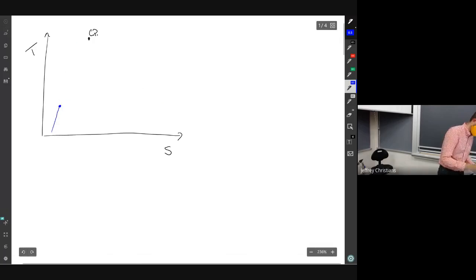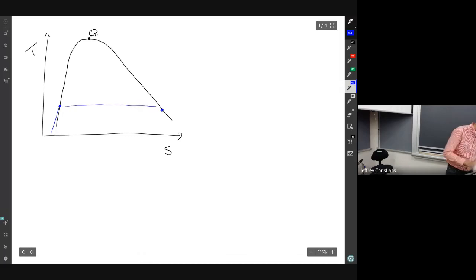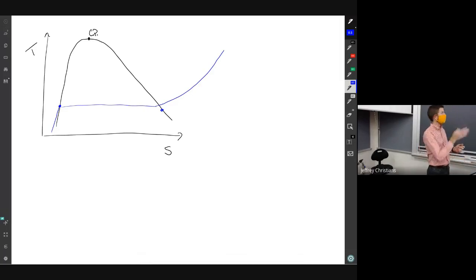That should be exactly a horizontal line. And then it loops up after you're a gas, where temperature and entropy are both going up at constant pressure.